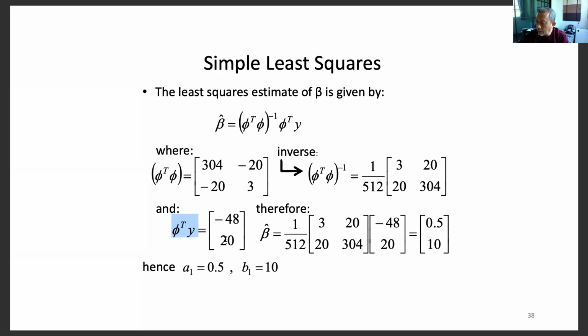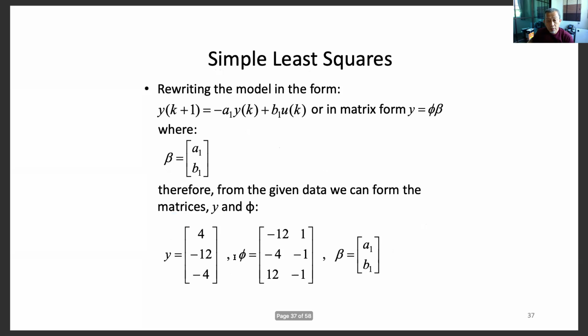So y is 4, minus 12, minus 4, and theta transpose is minus 12, minus 4 and 12, 1, minus 1, minus 1.